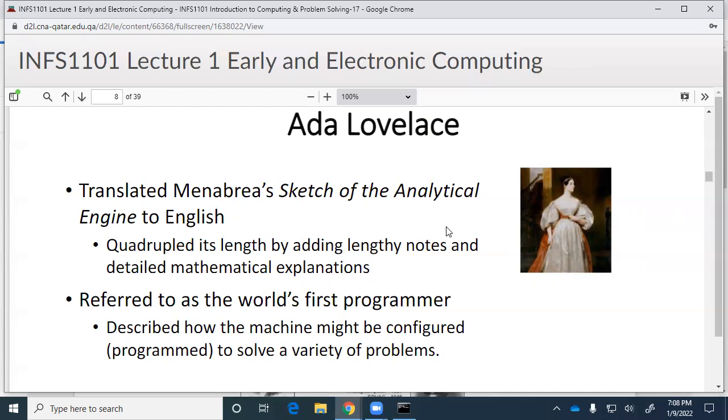Sorry, you had a question. You mentioned the word algorithm. It seems related to scientists.